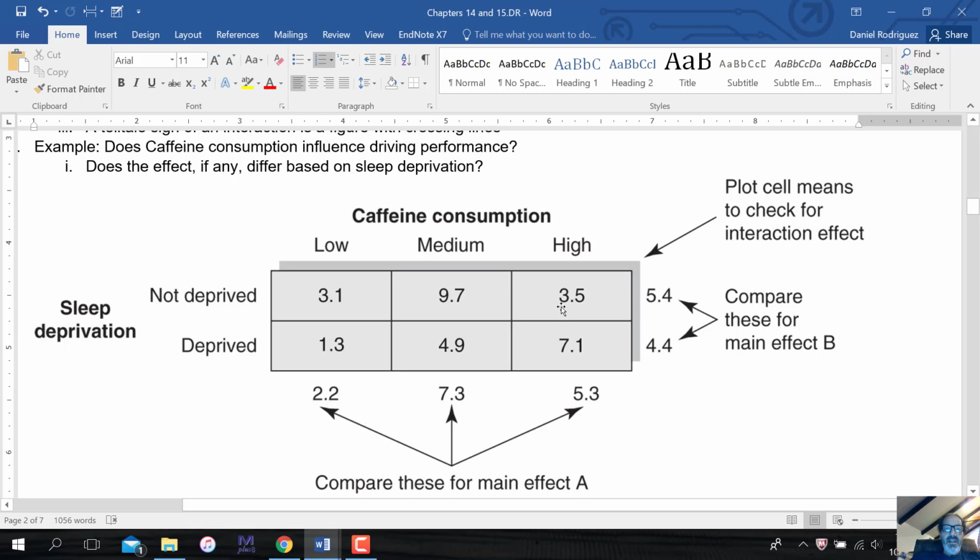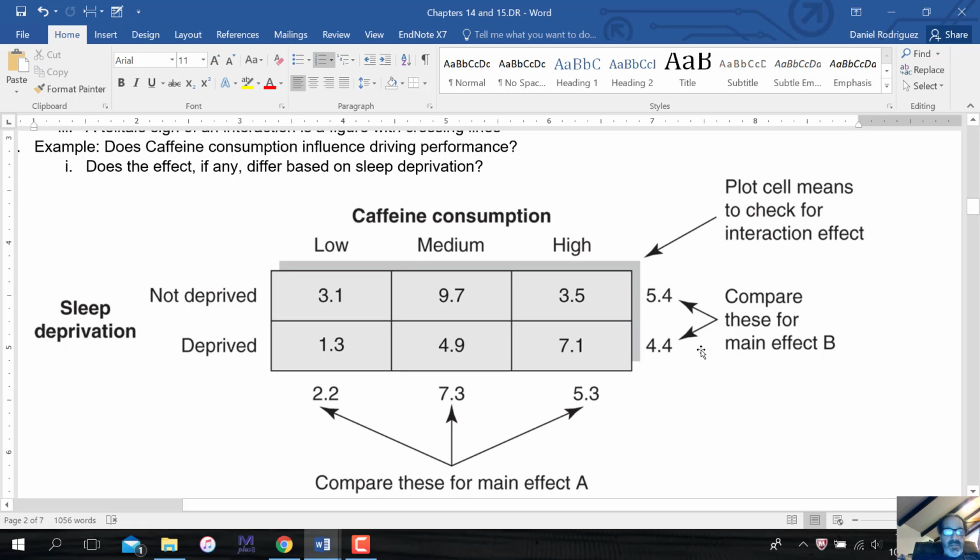Our dependent variable here is a measure of driving performance, where higher scores mean better performance. So just on the surface of it, it looks like not being sleep deprived improves driving performance over the deprived, which we'd expect. We'd have to test this statistically to see if there's a significant relation.